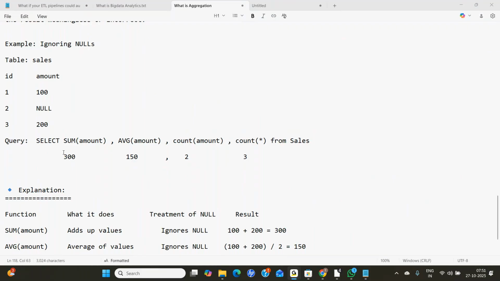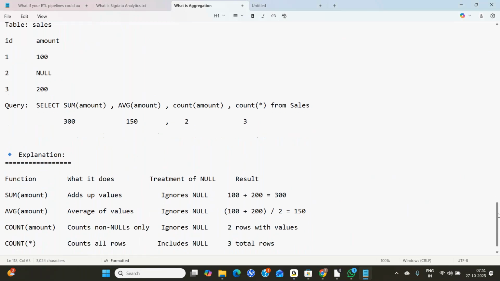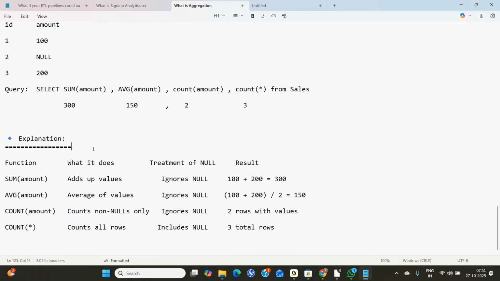Anyway, guys, except count star, the remaining, like count of amount, will ignore nulls. Star does not ignore. Now the explanation: function, what it does, and treatment of null and result.